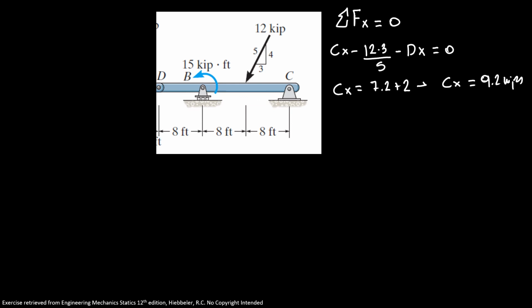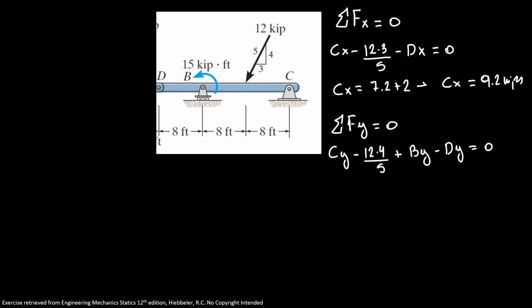And finally, we have the sum of forces in y direction is equal to 0. So we have Cy minus 12 times 4 over 5 plus by minus dy is equal to 0.